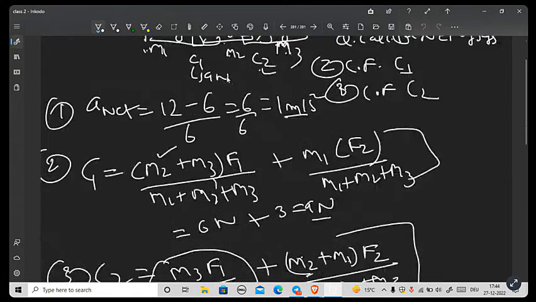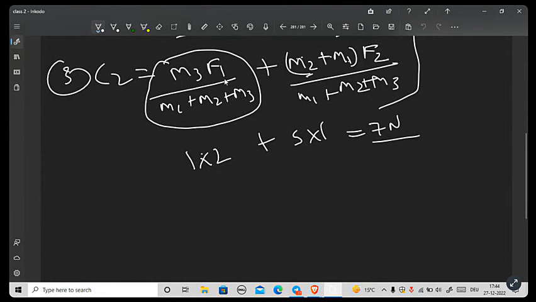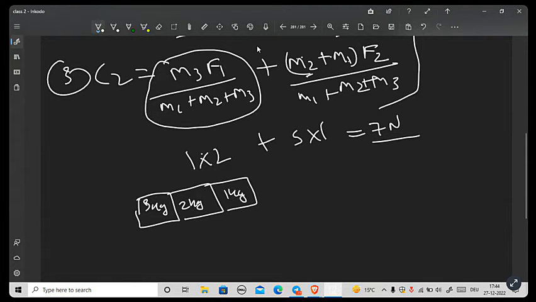force. Let me make it more clear by drawing the diagram again. You see this thing. 3 kg, 2 kg, and 1 kg.